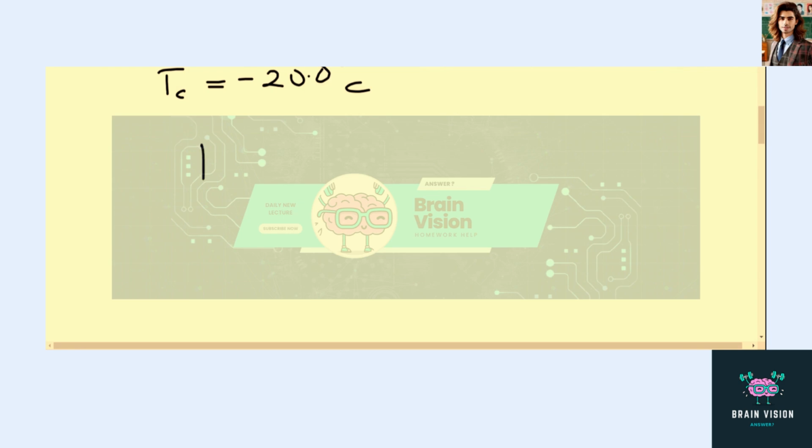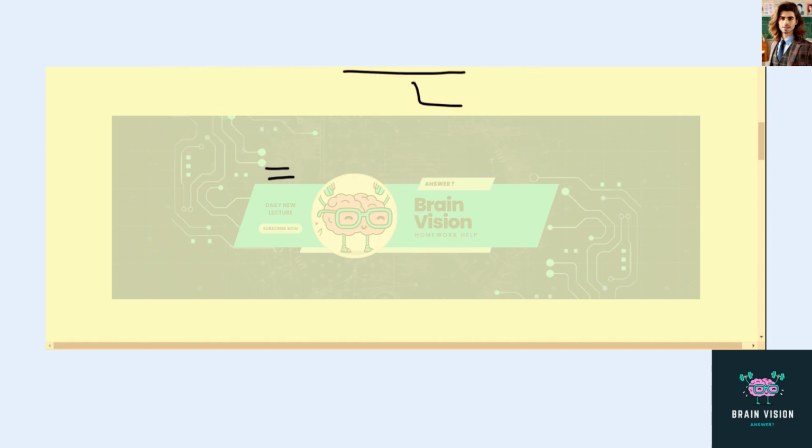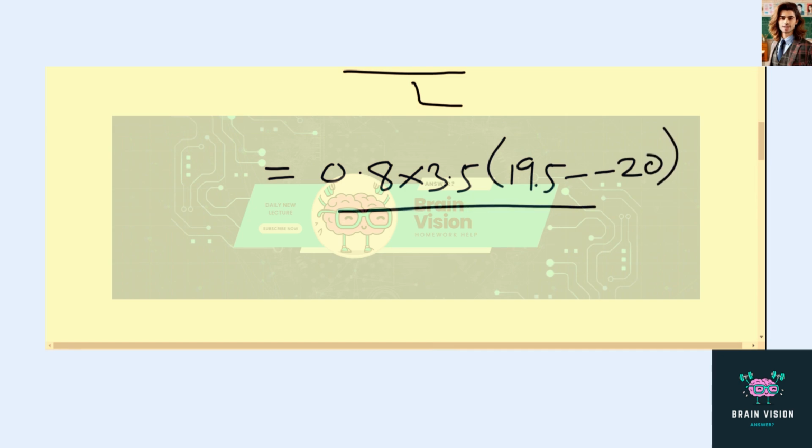Picking our equation, H equals K A times TH minus TC, all divided by the length. This would give 0.8 times 3.5 times 19.5 minus 20, all divided by 0.0052.